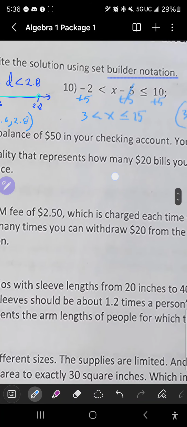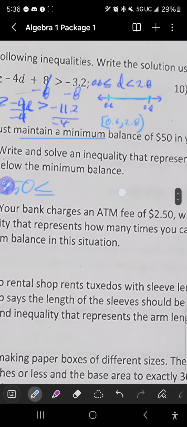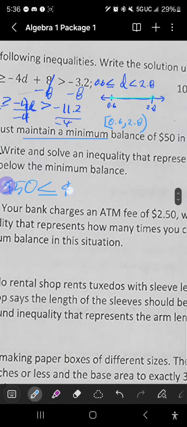So then you right now have a balance of $280. That's your balance. And you want to withdraw an x amount of $20 bills.